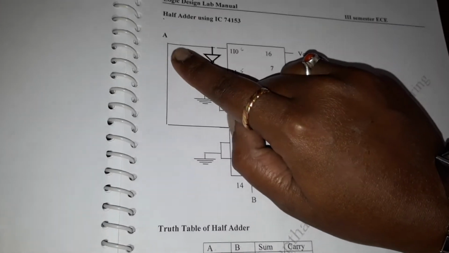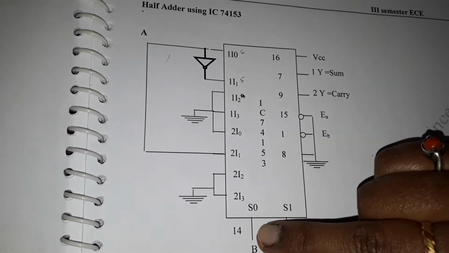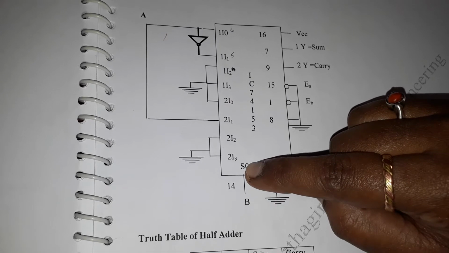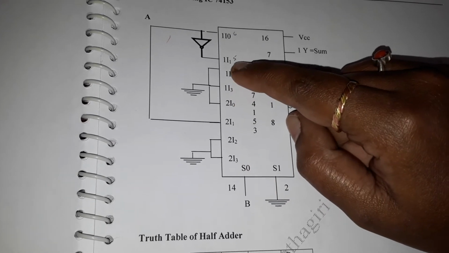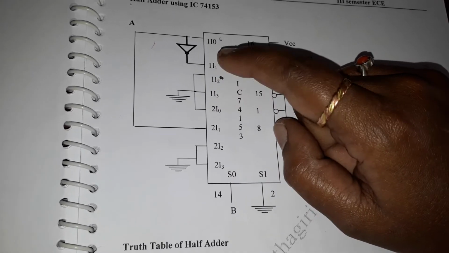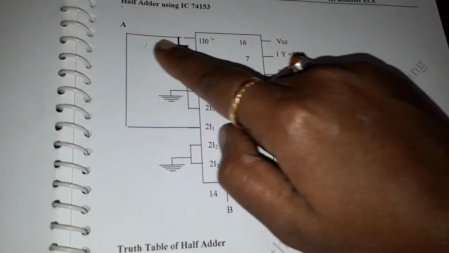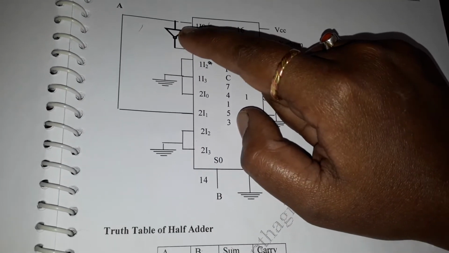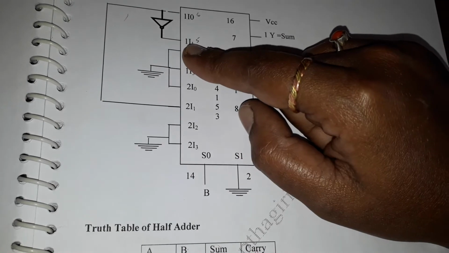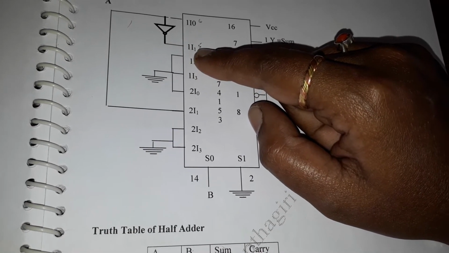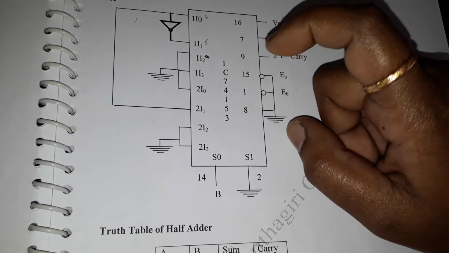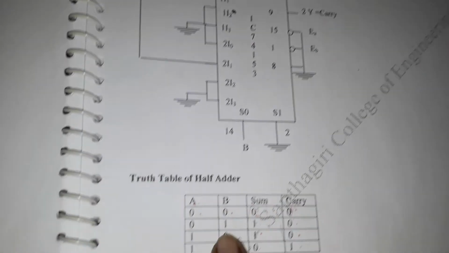If the select line is 1, then it will take the input 1I1 for its output. What's the value here? Since A is 0 and we are using a NOT gate, it will give 1. So the value of 1I1 is 1, and the output will become 1 for the sum. See, for 0, 1, the sum is 1.